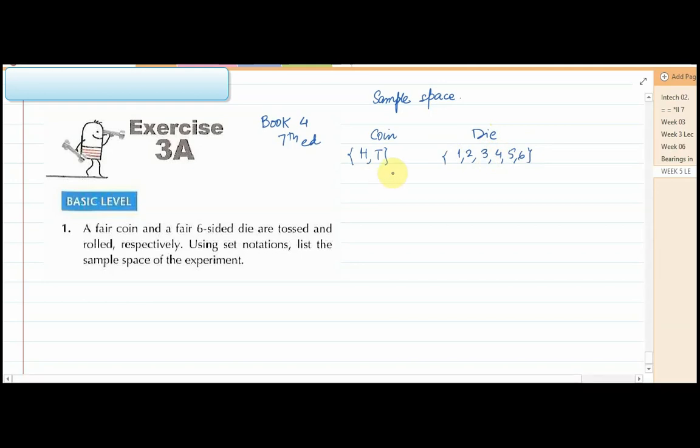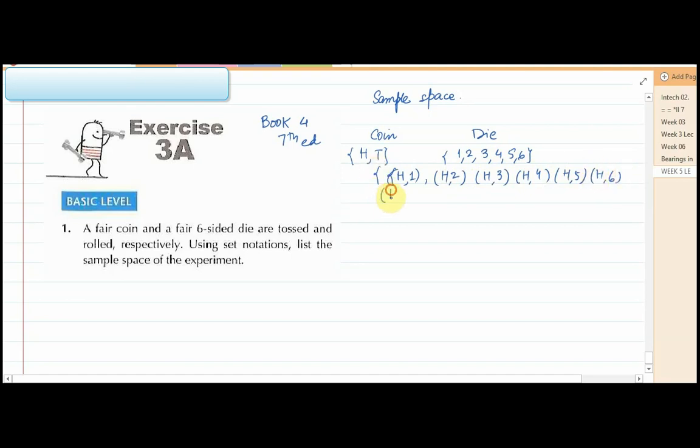Now it is quite possible that you got head on the coin and 1 on the die, right? Similarly, it's also possible that you got a head but a 2, a head and a 3, a head and a 4, head and 5, head and 6, right?